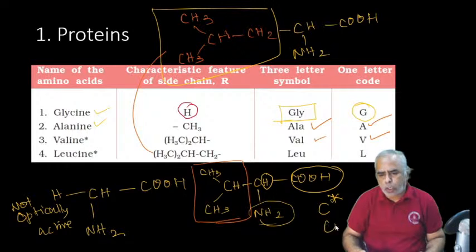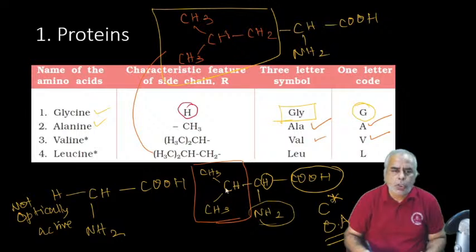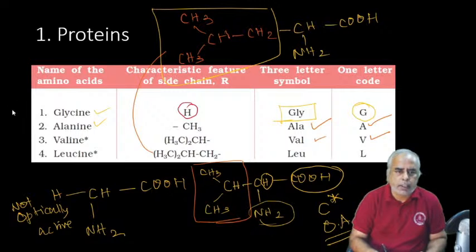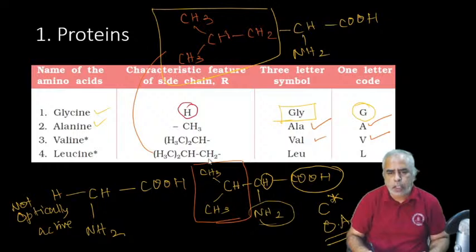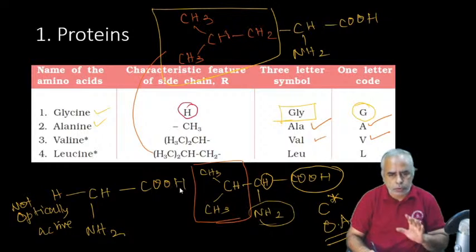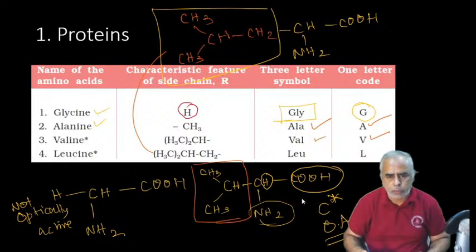So they are optically active. So except glycine, all are optically active because it results in asymmetric carbon atom. So this is a very important point you have to note down.